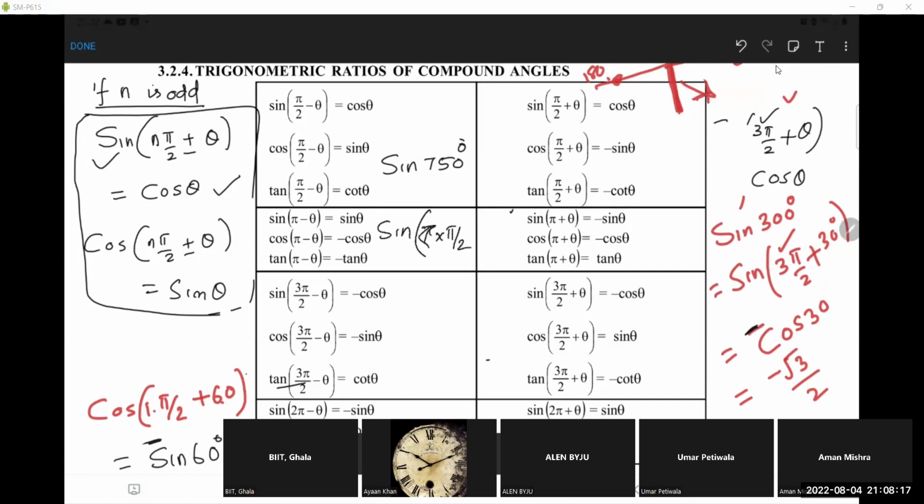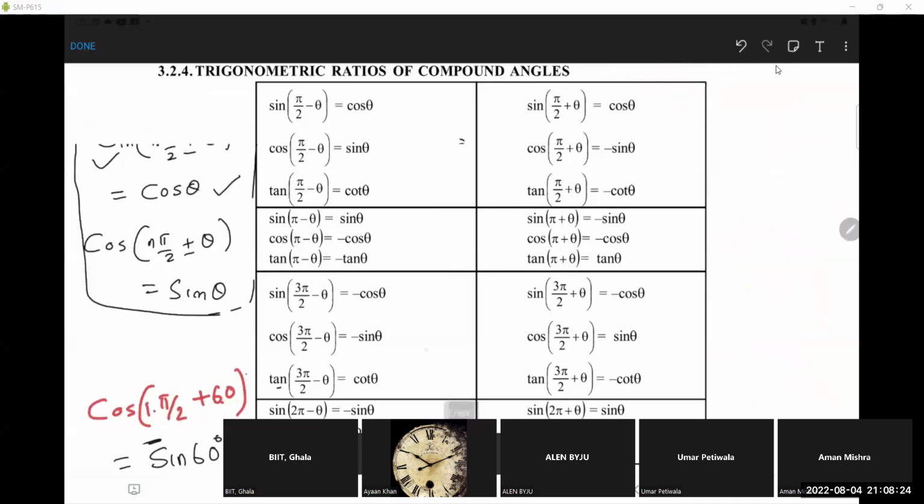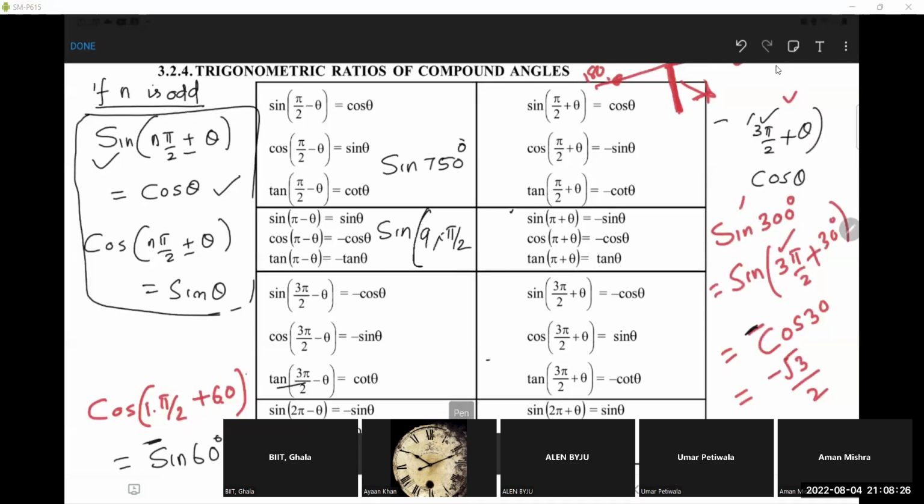So it will be 8. Or what you can do is write it as 9 into 90 minus 60. I can write that because I want the result in an odd number. You can write it as 8 into 90 also, no problem. But 8 into 90 means 8 is an even number. You cannot apply this result. I want to apply this result. That's why I put 9 into pi by 2 minus 60, 9 into 90 is 810 minus this 60, right?